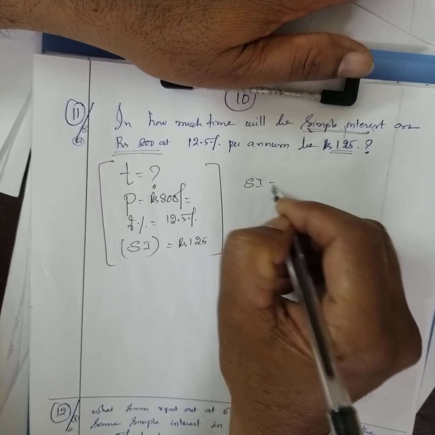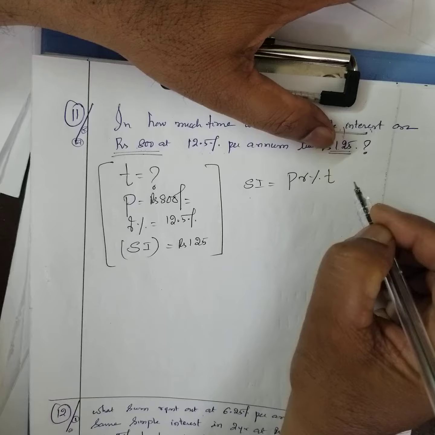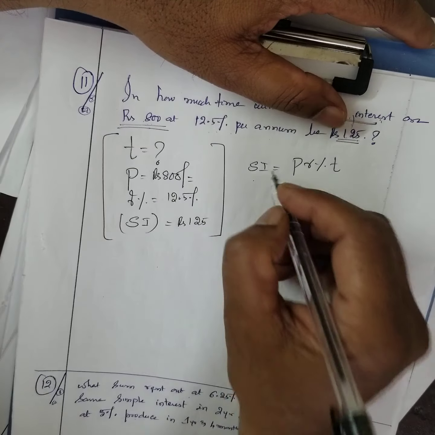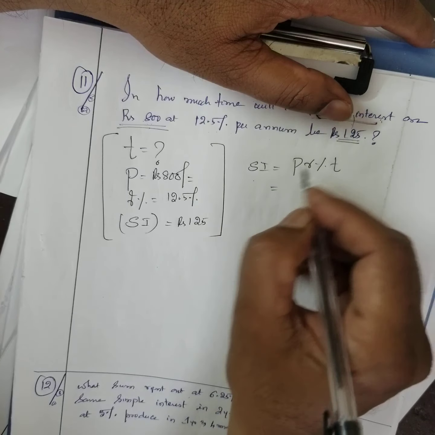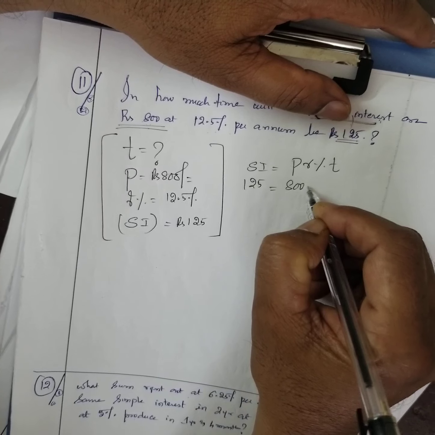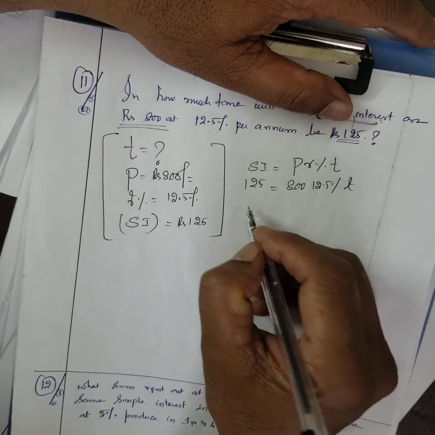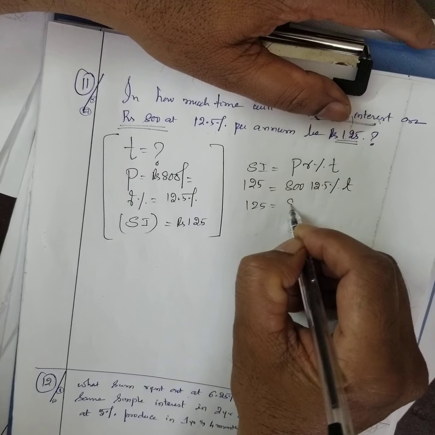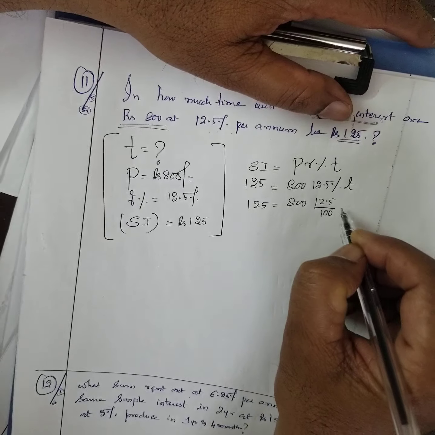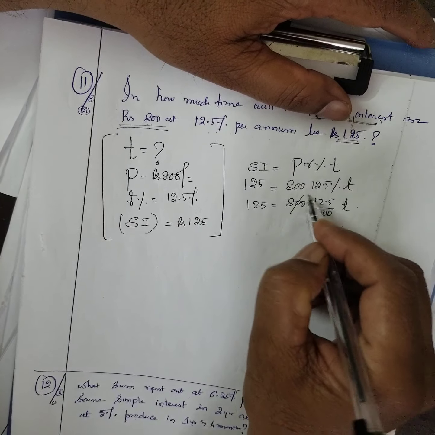Therefore, what is the simple interest formula? It uses principal, rate of interest and time taken. Now the simple interest is 125, the principal is 800, the rate of interest is 12.5%, and T is the time. Therefore 125 is equal to 800 into 12.5 by 100 into T. These two get cancelled.